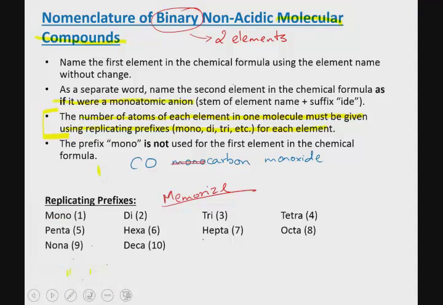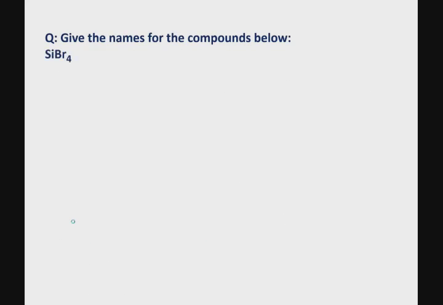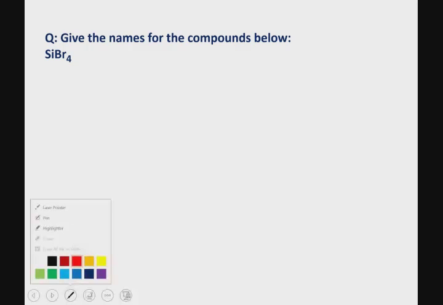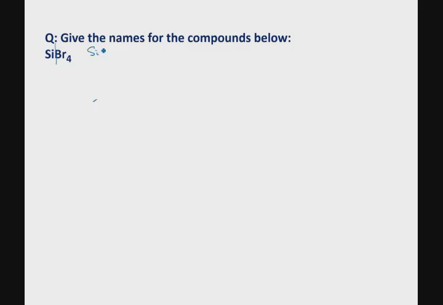Okay, so let's use these steps to name a few such compounds. Let's try this out. SiBr4. Now, it's not an ionic compound, so let's name it. Following the rules for naming, we give the name of the first element without any change, so that is silicon, and then we give the name of the second element as if it were a monoatomic anion, so that is bromide, but we must also give the number of atoms of each kind using the prefixes.